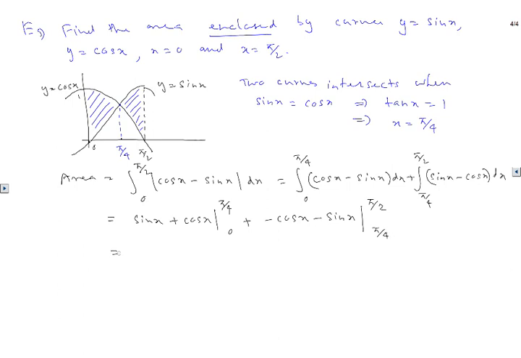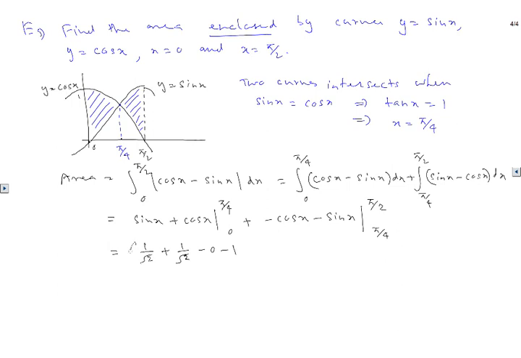Okay, so let's plug in the values and simplify. Sine pi over 4 is 1 over square root 2, and the cosine pi over 4 is also 1 over square root 2, and then minus, we plug in the zeros. Sine 0 is 0, cosine 0 is 1.